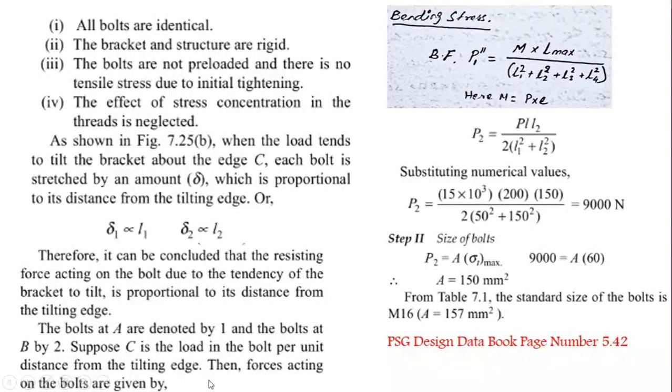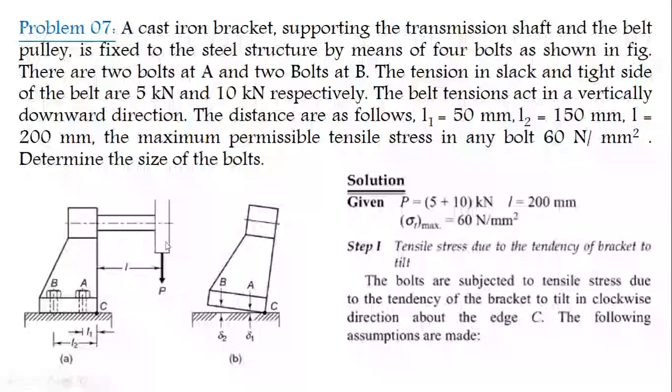The force acting on the bolt is given by P2 equal to M into L max divided by L1 square plus L2 square plus L3 square plus L4 square. Here M is the moment, equal to load into distance from the tilting edge.